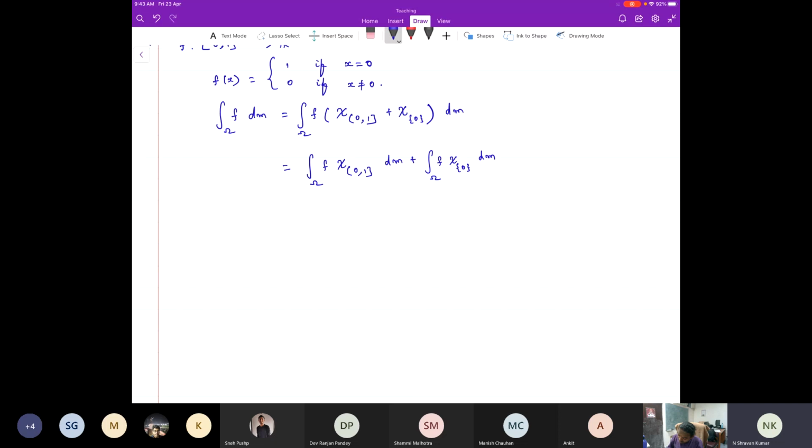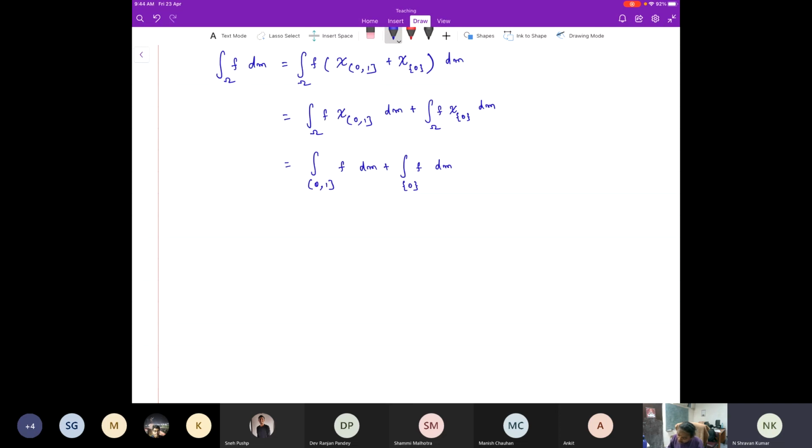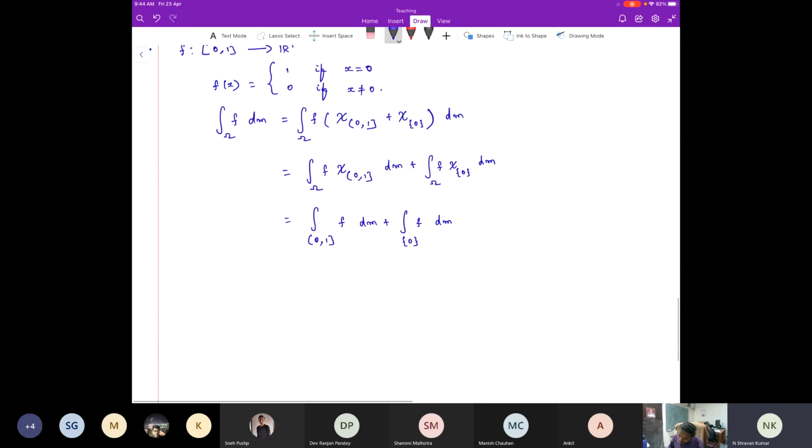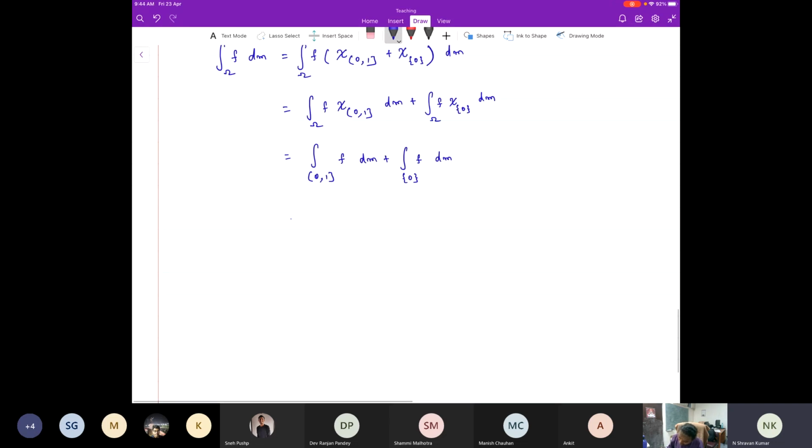So this is the same as the integral over (0, 1] of f dm plus the integral over the singleton {0} of f dm. On (0, 1] the function is 0, so this is 0 plus 1 times the measure of the singleton {0}, which is just 0.